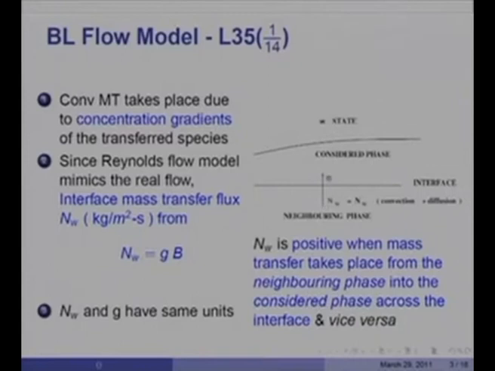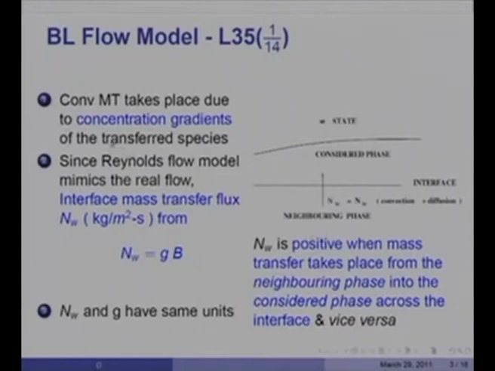The total mass transfer, that is both convective plus diffusive mass transfer, takes place at the interface from the neighboring phase. And deep inside the neighboring phase we define a T state, where the concentration gradients and temperature gradients, as again like infinity state, are zero, or we say that the fluid properties are uniform.